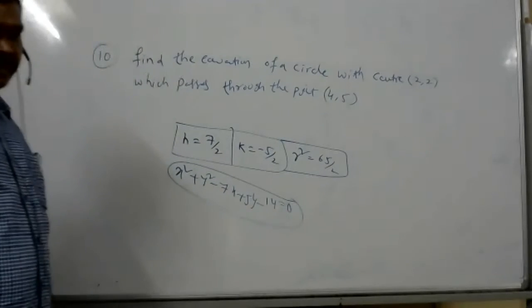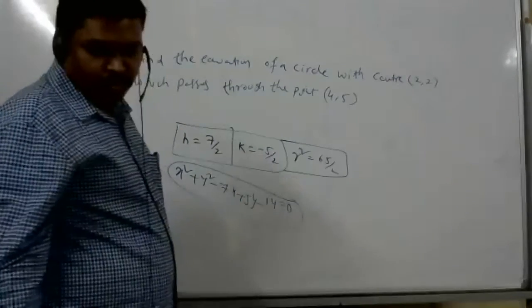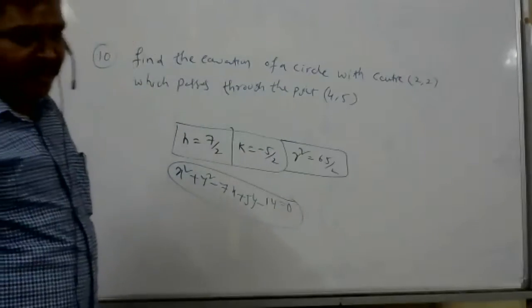Find the equation of the circle with the center 2, 2, which passes through the point 4, 5.